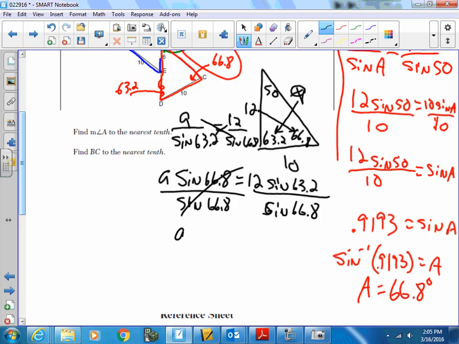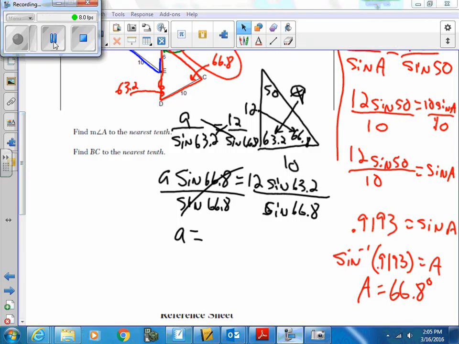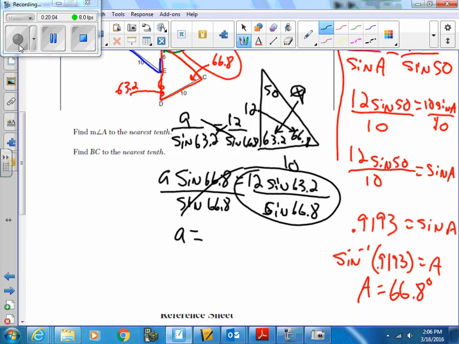Then A is equal to, do some work in the calculator. I'll be right back. Once you do your calculator work, make sure to put parentheses or put it as a fraction, just to be careful. So it's going to be approximately 11.7 once you round it to the nearest tenth. So that's actually BC.